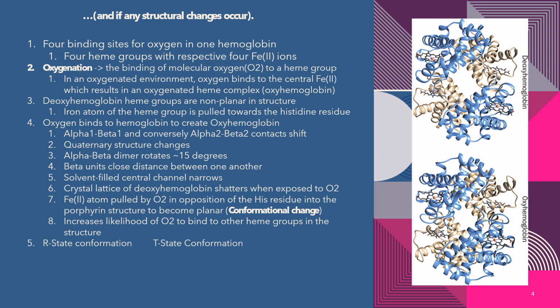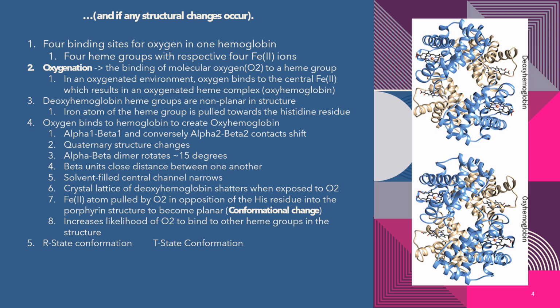Oxygenation itself is the binding of molecular oxygen, O2, to a heme group. In an oxygenated environment, oxygen binds to the central iron ion, which results in an oxygenated heme complex, which would be the structure on the bottom right of the infographic from the textbook. And it's tough to see with your eye, but we'll get into how the structures are slightly different on the right.